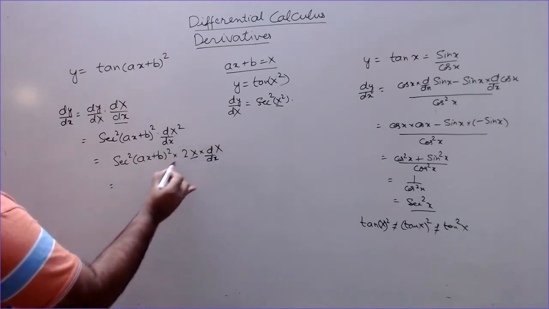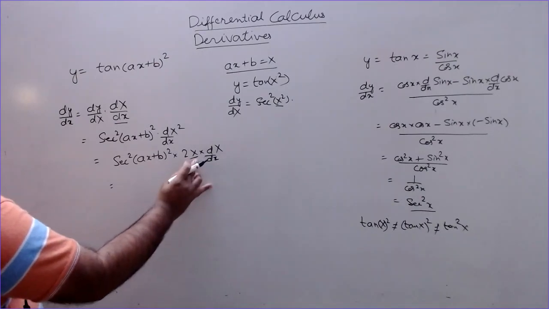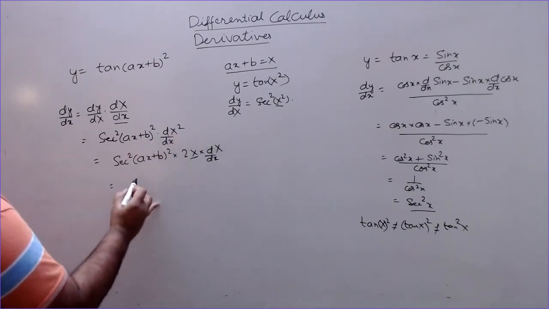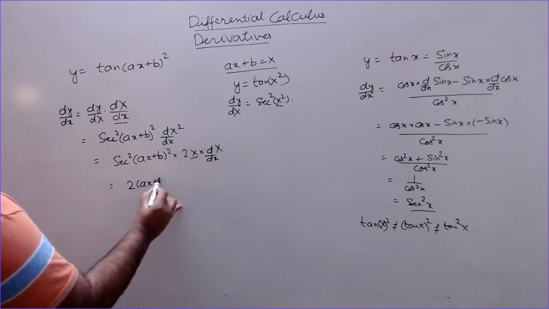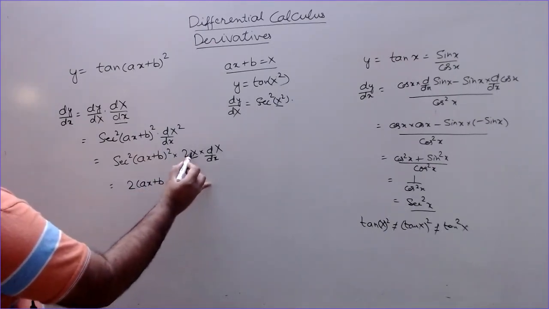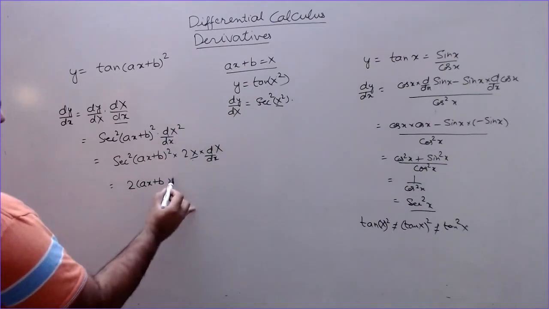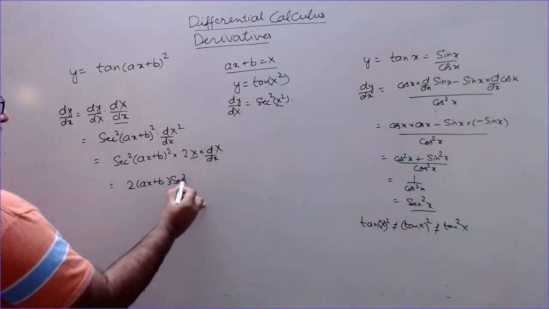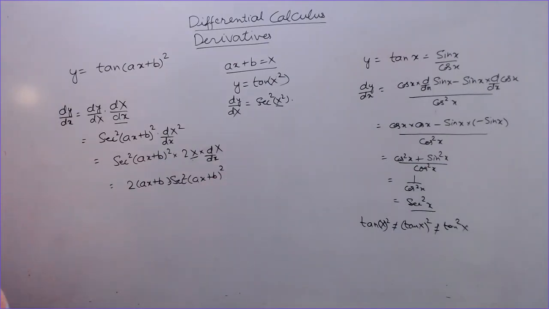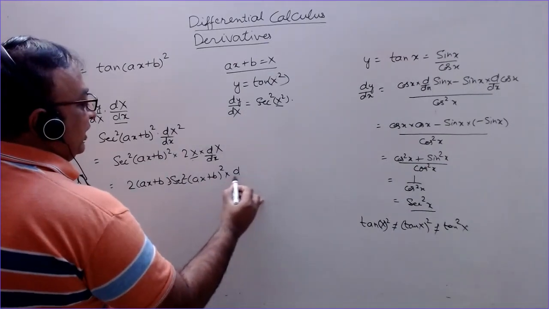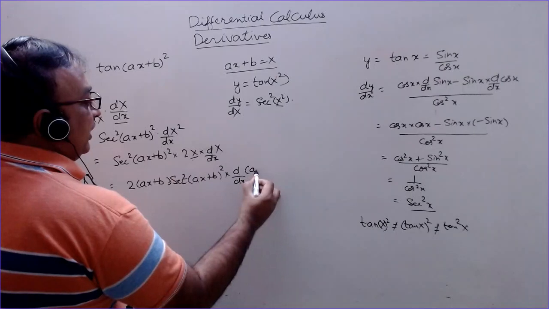Putting the value of X here, this is not the sign of multiplication, this is capital X. So 2 into (ax plus b), putting the value of X here, sec square (ax plus b) whole square, multiplied by d by dx of (ax plus b).